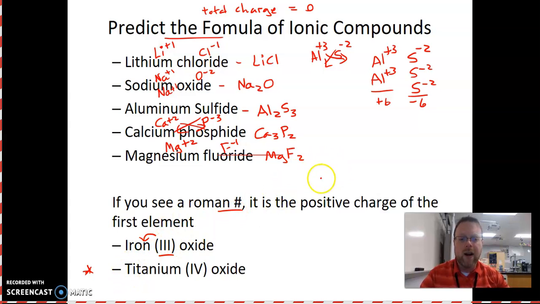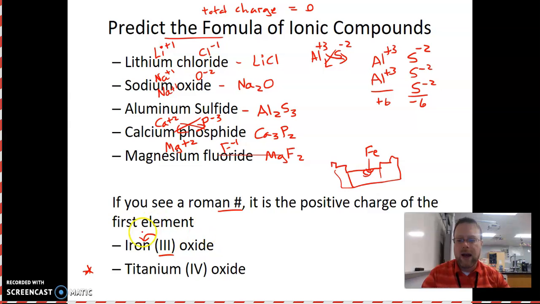If you look for iron on the periodic table, iron is right about here, and there's no way to predict what the charge of iron is going to be. And part of the reason for that is that iron can take different charges in different scenarios. Many of the transition metals, the ones in the middle of the periodic table here, can do that. But this name in particular is telling us that the iron is a +3 charge here.